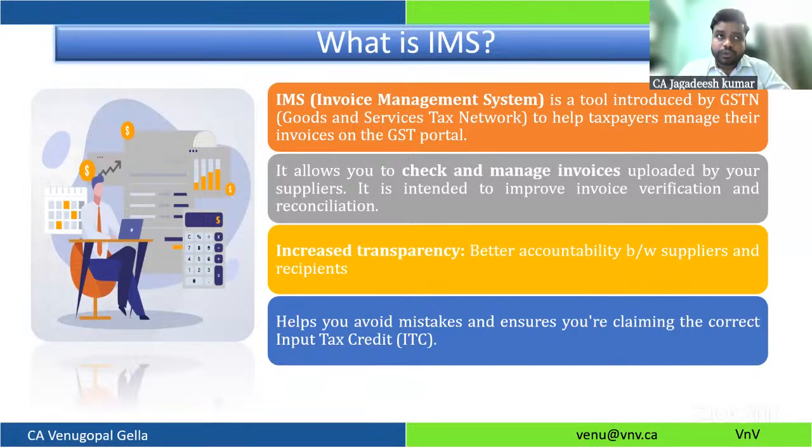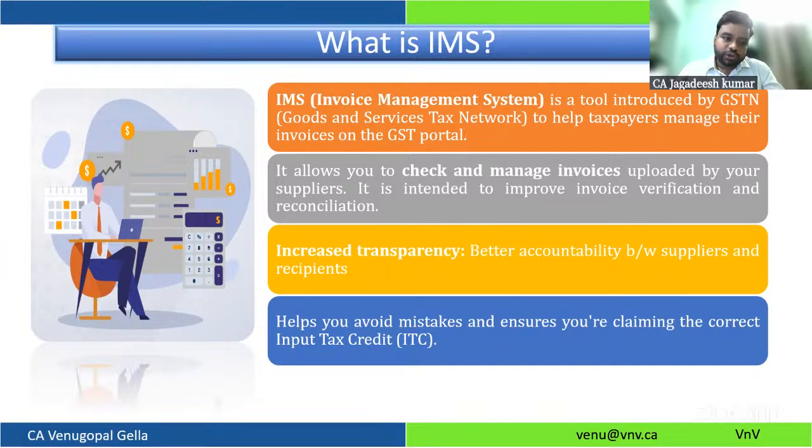Now, with the introduction of IMS, you will have better control over the invoices on which you are availing the ITC. Till date, you have no clue on what invoices you are availing ITC.